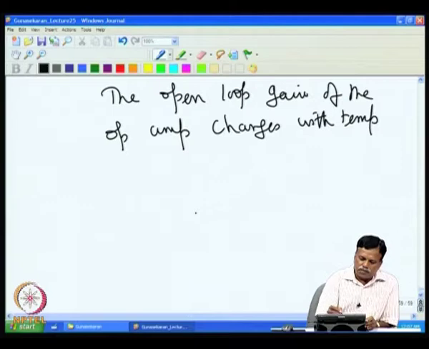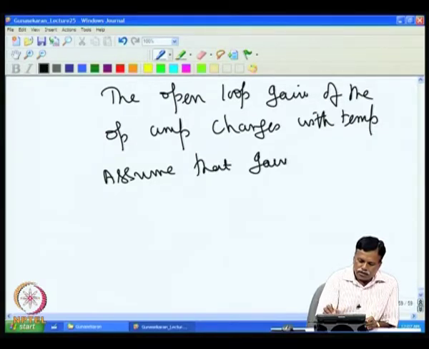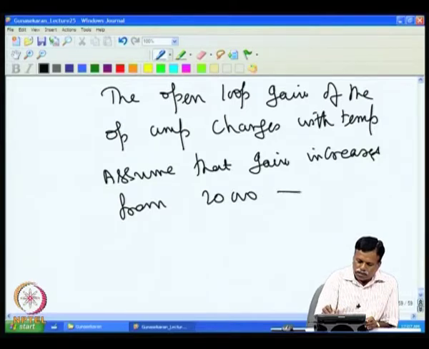So, for example, assume that the gain increased from 20,000 to 30,000.